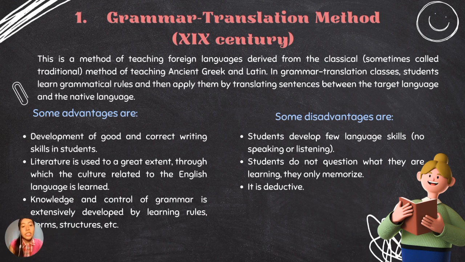Some advantages are development of good and correct writing skills in students. Literature is used to a great extent, through which the culture related to the English language is learned. And knowledge and control of grammar is extensively developed by learning rules, norms, structures, etc. Now we have some disadvantages.